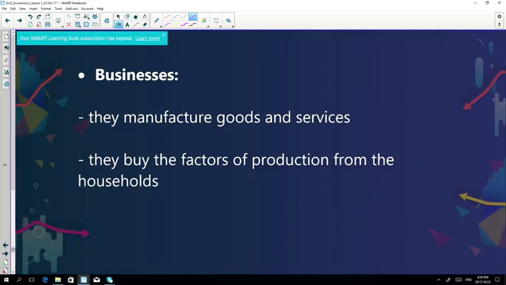Moving on to businesses. Okay, so businesses manufacture goods and services. Okay, so they make goods and provide services. They buy the factors of production from the households. So we mentioned this. Okay, in order for the manufacturing to take place, you need people, because people supply the labor.